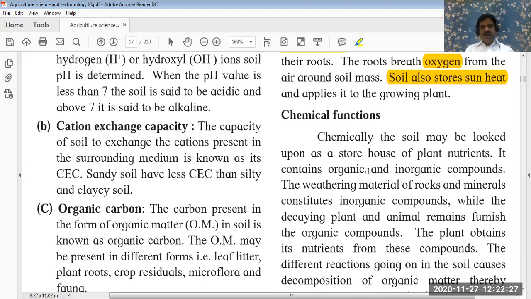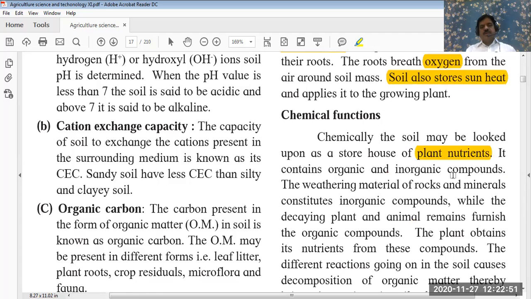Then another chemical property of soil we have studied earlier. Now depending upon that, what are the chemical functions of soil? Most important, that soil provides plant nutrients for plant growth. So the availability of plant nutrients in the soil depends upon pH.